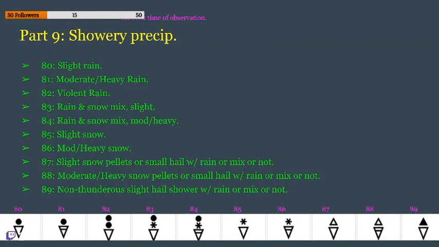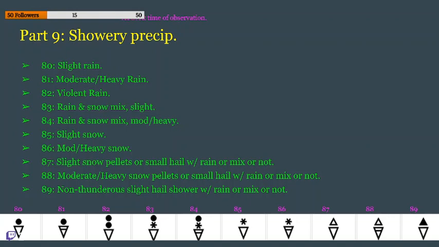And now you have slight snow pellets or small hail, with rain, or a mix, or not. And then you decided that you want to shape your little ice cream into a triangle in a sugar cone. Congratulations! Moderate to heavy snow pellets or small hail.